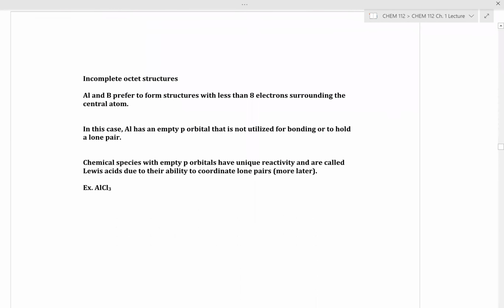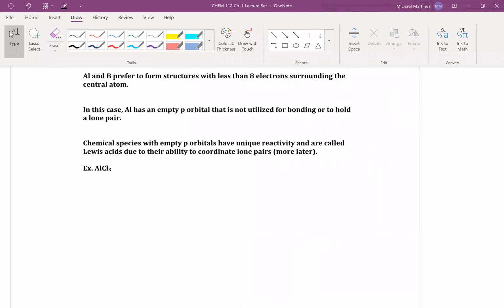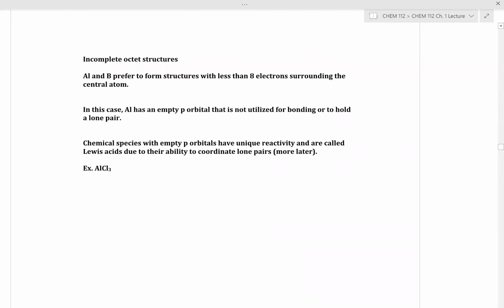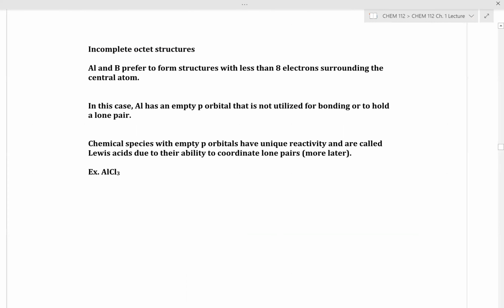We're going to take a short detour next and talk a little bit about structures known as incomplete octet structures. These are very closely related to our discussion of the sp2 hybridization. You primarily see incomplete octet structures with aluminum and boron. Aluminum and boron are your typical culprits in incomplete octet structures that you'll see in this class.